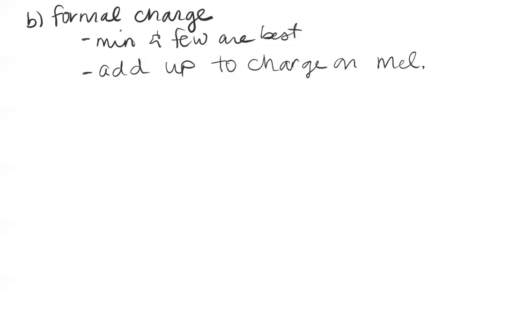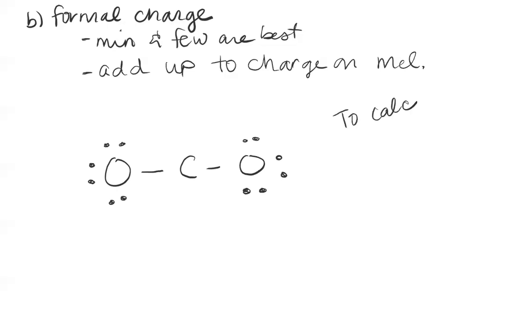So I'm going to draw this up, and the way I do it is I use the box method. Let's draw our structure that we have so far up. Okay, and so to calculate, I draw a box. And I'm going to draw my box in blue.